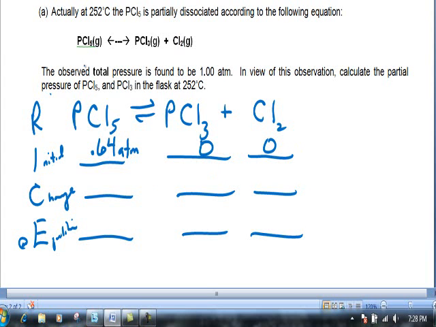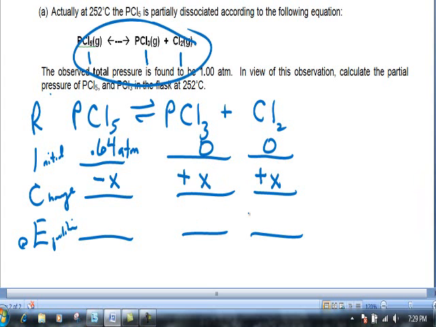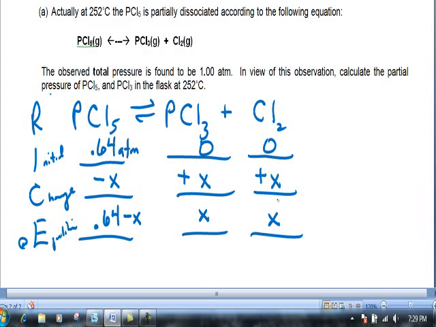If we look at the balanced equation, the reaction occurs in a 1:1:1 ratio. We don't know how much PCl5 is reacting, but we do know it's going to go down by some quantity X. If the PCl5 goes down by X, that means the PCl3 has to go up by the quantity X, and the Cl2 has to go up by the quantity X, since the reaction is occurring in a 1:1:1 ratio.